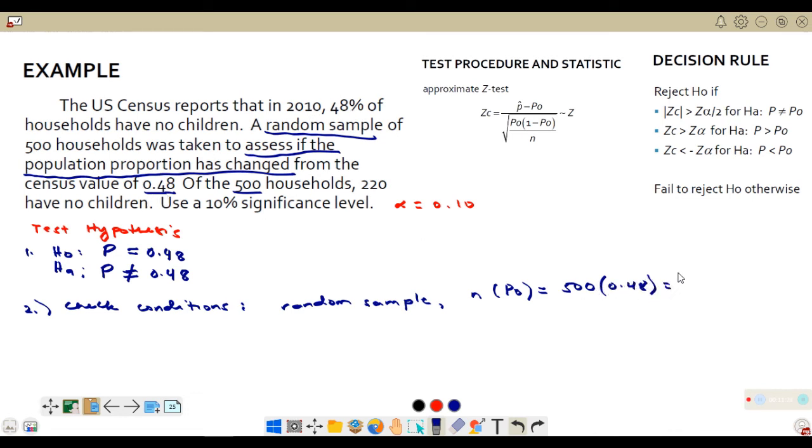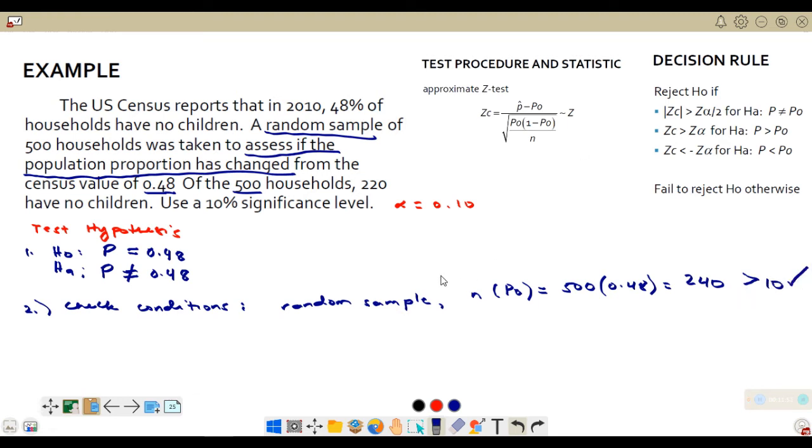Kuha tayo ng calcu. Mag-compute tayo. 240. Okay, 240 is greater than 10. So, check. Pwede natin siya gamitin.